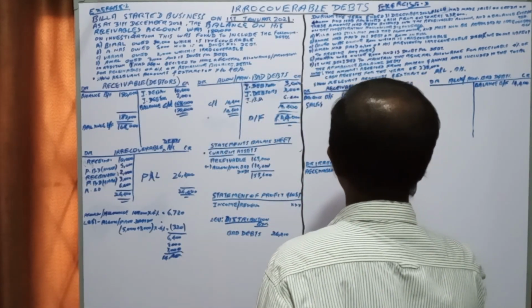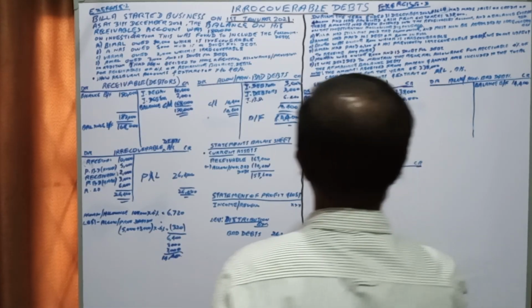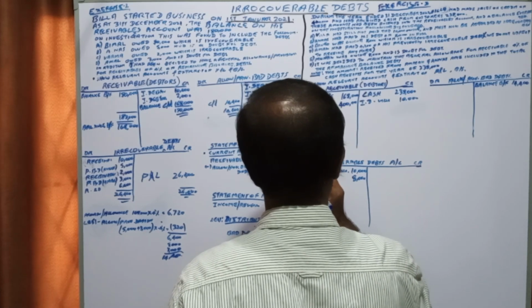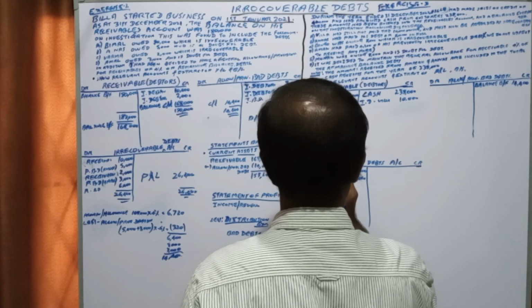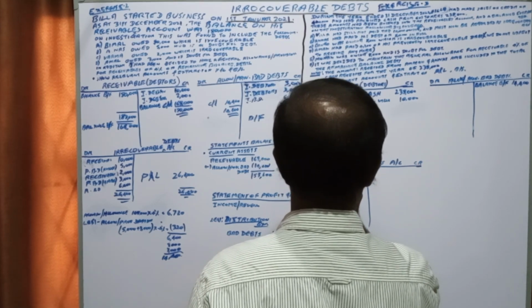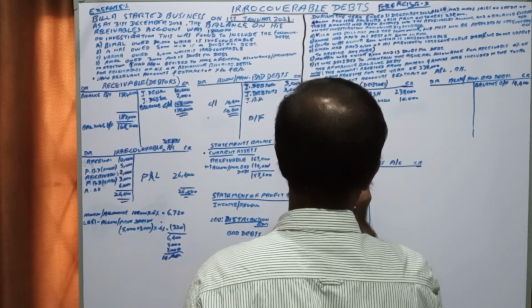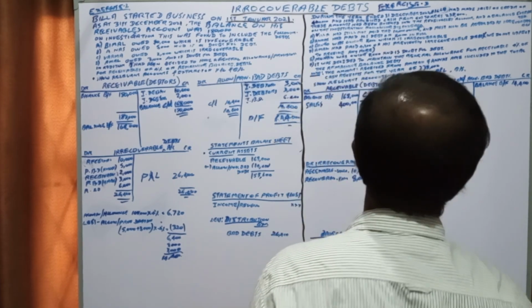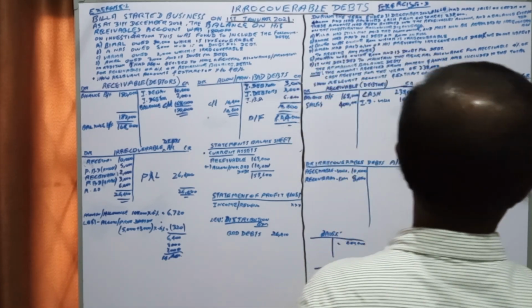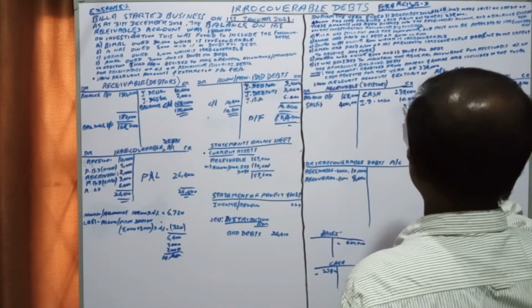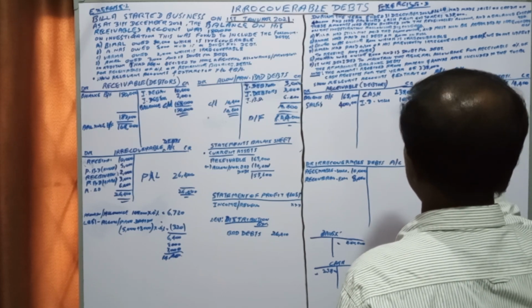We will say here 8,000, irrecoverable debts account, Bingo, 8,000. Irrecoverable means we have to charge it against the debtors.